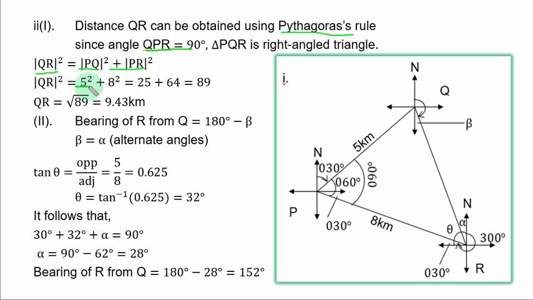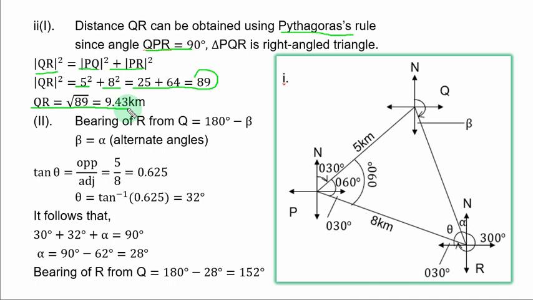So PQ is 5, you square it. PR is 8, you square it, and you have 25 plus 64, and that is 89. To get QR, take the square root of 89, and that gives 9.43 kilometers to 3 SF.